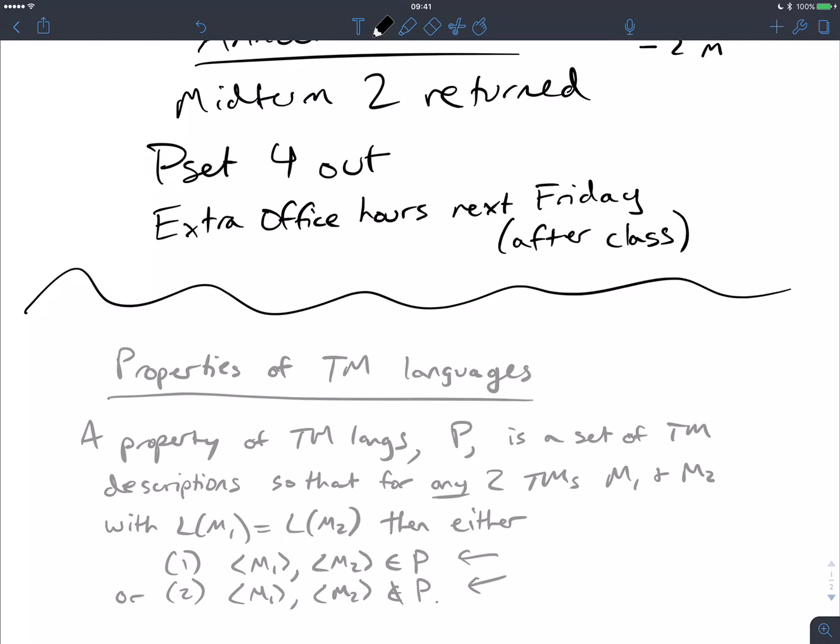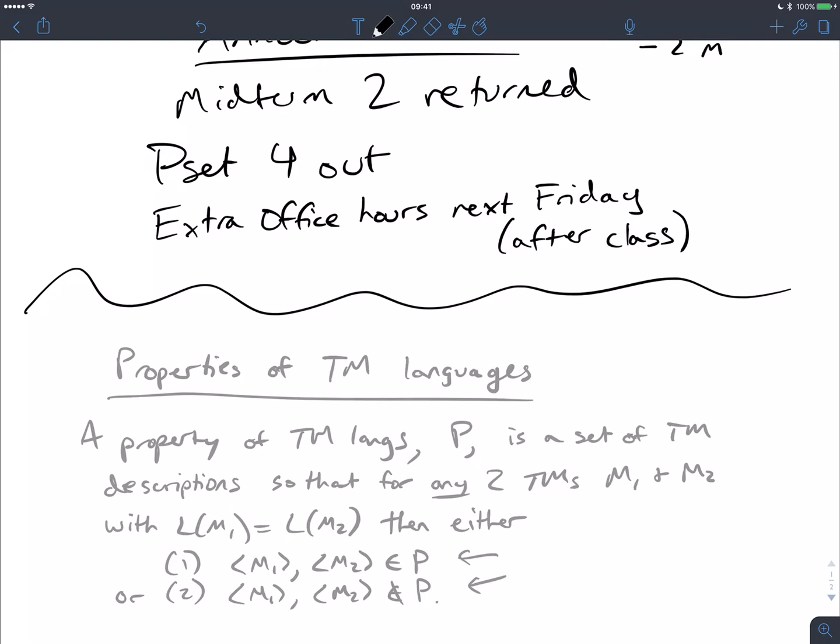Like in the case of E_DFA, for testing emptiness of DFAs. Well, if you can reach a final state from the start state, then this language is certainly not empty. So you turn that into a graph problem. It's really just trying to analyze the structure of what the question's really asking.